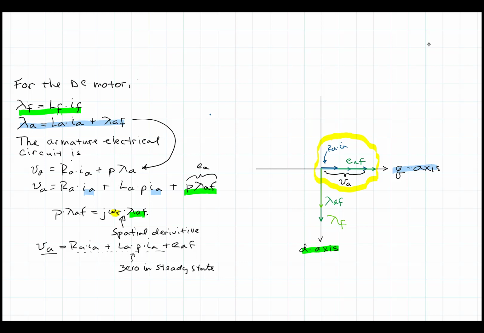Now, what's really occurring is that the electrical behavior is all occurring on a rotating structure. So you can think of this circuit as moving at an electrical speed of omega sub r. Even though you've got the synchronous frequency, since it's a DC machine, the synchronous frequency we define now as omega E is 0, because that's the fundamental frequency of DC.